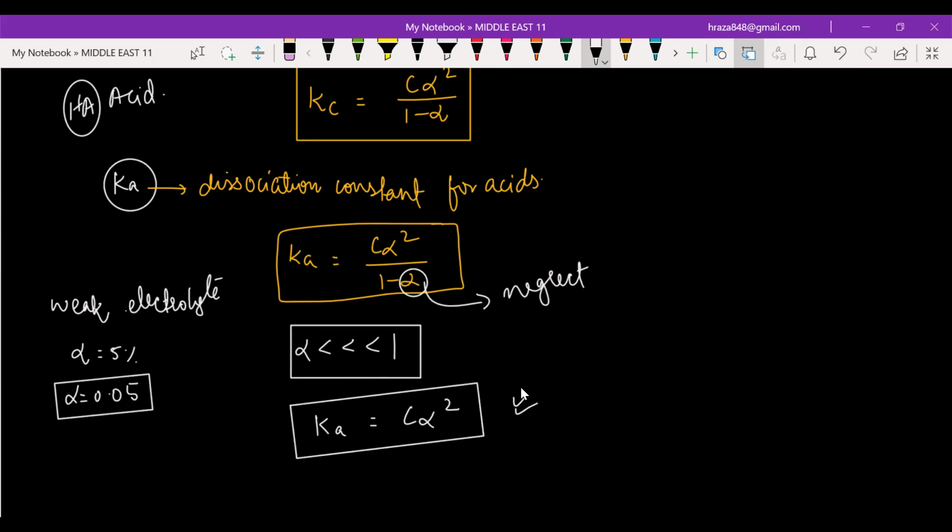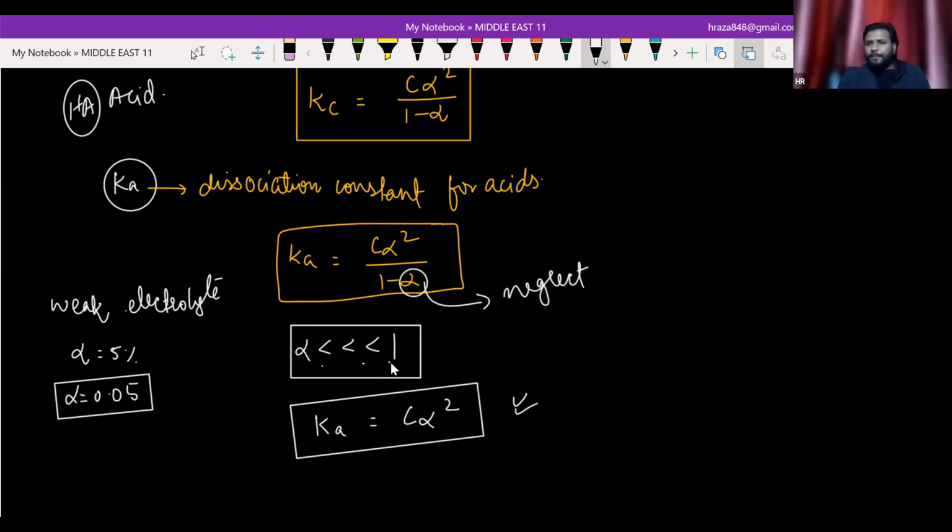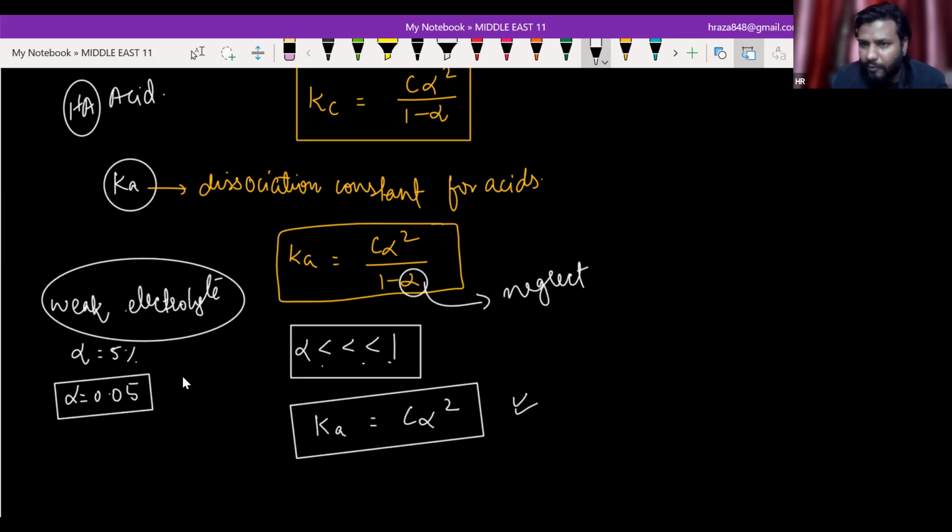Sir, can you repeat? Alpha is very, very less than 1 because we are going for weak electrolyte, and in the first lecture I told you that alpha is 5% at maximum. Alpha means dissociation, that is, acid or base or any electrolyte converting into its ions, and that dissociation is very, very less. If you have 1 mole of weak electrolyte, only a small part will be converted into product.